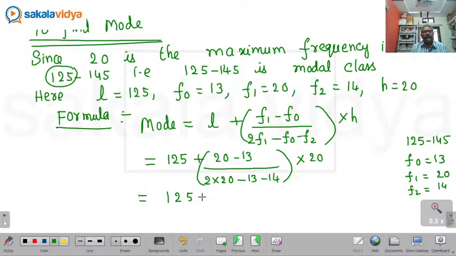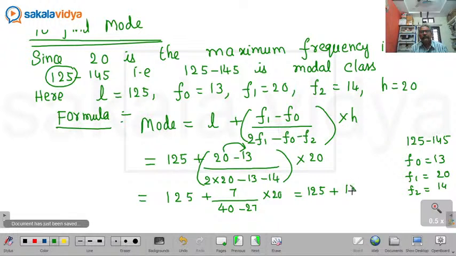125 plus, this will be 20 minus 13 is 7 upon, okay, next what do you get now here? 40 minus, this will be 27, times 20. This is 125 plus 140 upon 13.